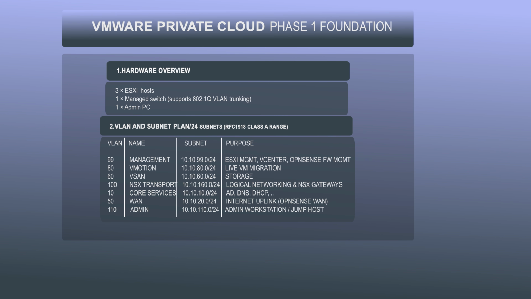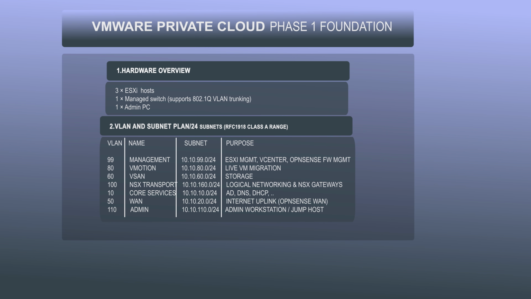The VLAN 80 is for vMotion, so we can do live virtual machine migration. And the VLAN 60 is for vSAN, so we can create virtual storage. The VLAN 100 is for NSX transport, so we can have logical networking and NSX gateways. The VLAN 10 is for core services, such as Active Directory, DNS, DHCP.